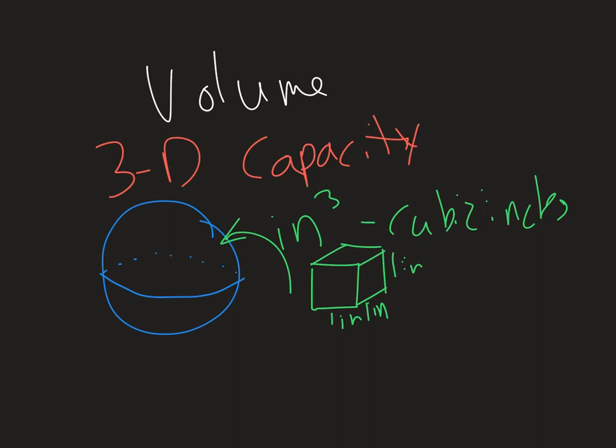It might be fractional, it might not be a nice round number, but we could theoretically say, okay, how many of these little cubes can I put in here? That's the typical mathematical unit, to use some kind of unit cubed. It could be inches cubed, meters cubed, or cubic feet. But it's that whole idea: how many of these little cubes can I put in this object?